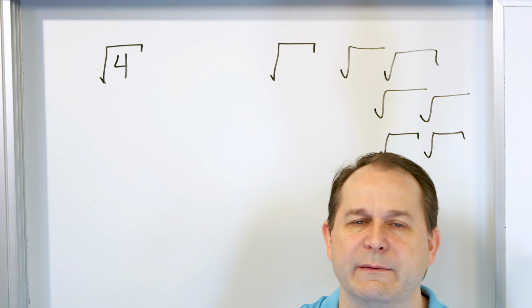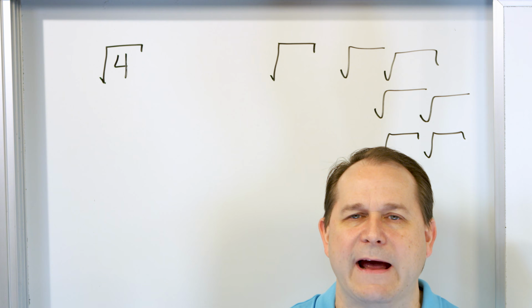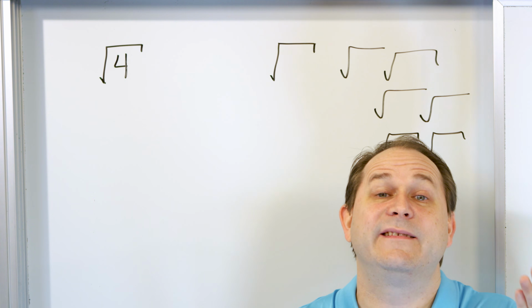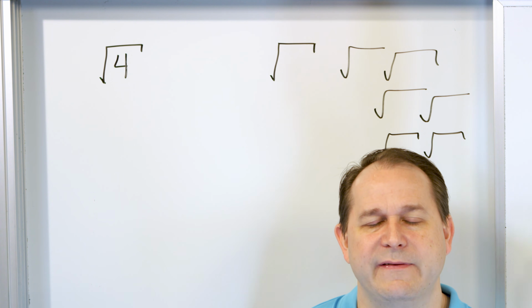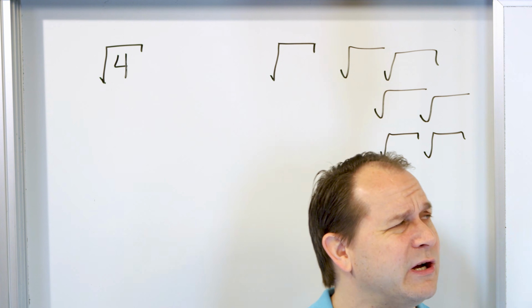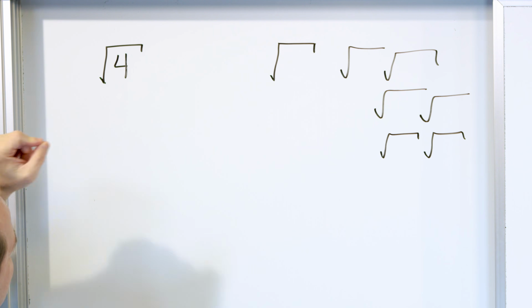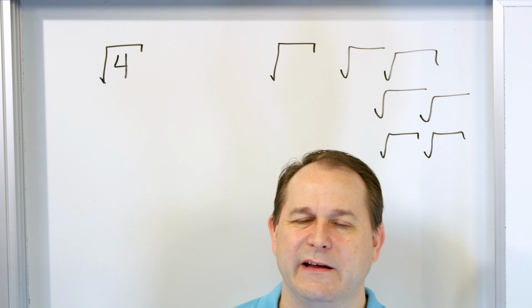All right, square root is very simple to understand, right? All you have to do is think to yourself, some number times itself gives you what is under that symbol. So we have the number 4. You have to ask yourself, okay, give me a number, but it has to be times itself to give me 4. So you could just go through numbers to guess in the beginning.